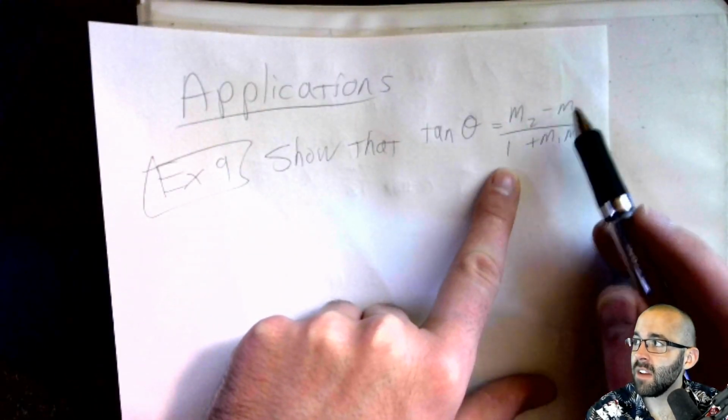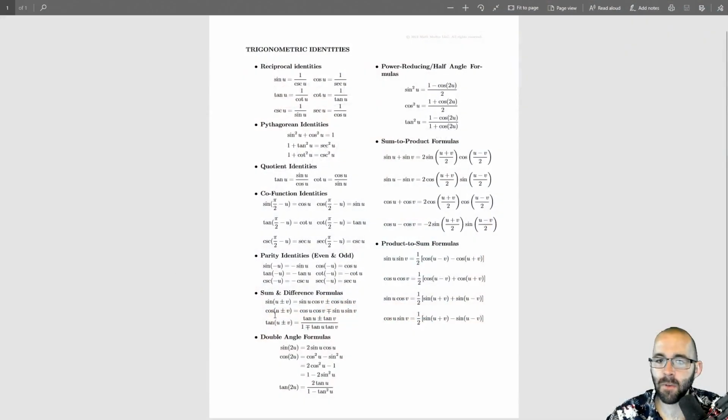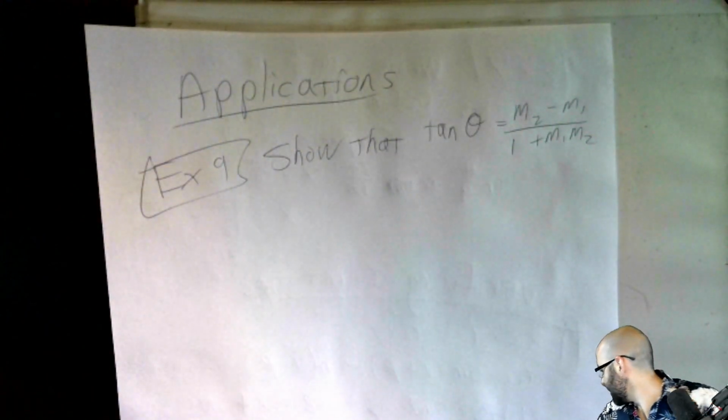Something minus something divided by 1 plus a product. It looks a lot like angle sum or angle difference, specifically angle difference of tangent. But again, I haven't told you what's going on yet here.